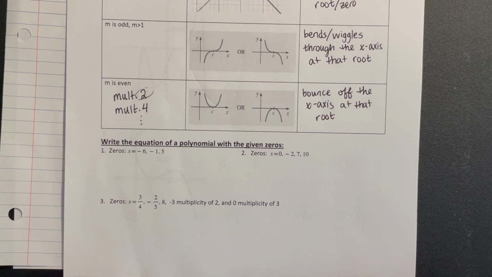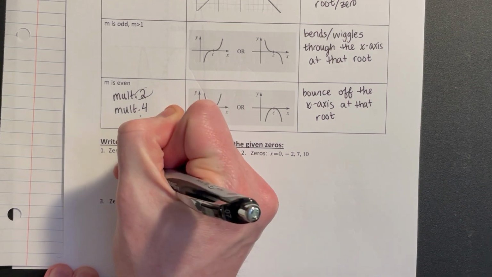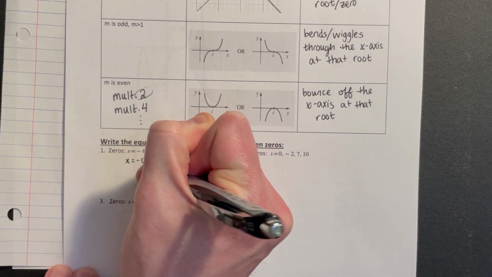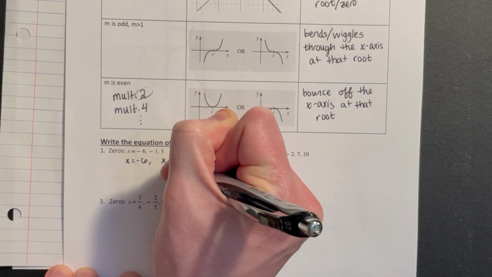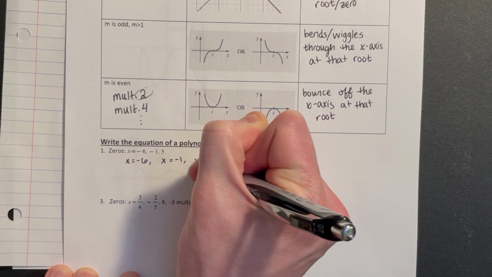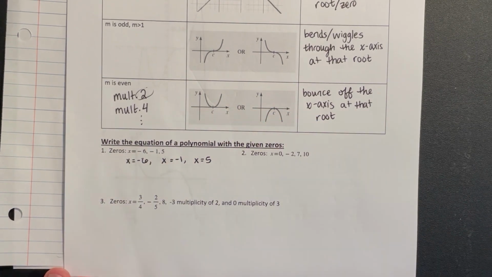Now, if I know the roots, we can write a polynomial based off of those roots. We just have to work backwards a little bit because we have previously written the roots from the factors. We can see that there's a relationship between them. Now we did do this with quadratics, so it's a little bit of a reminder, but I'm going to write these out separately. We've got x equals -6, x equals -1, and x equals 5.